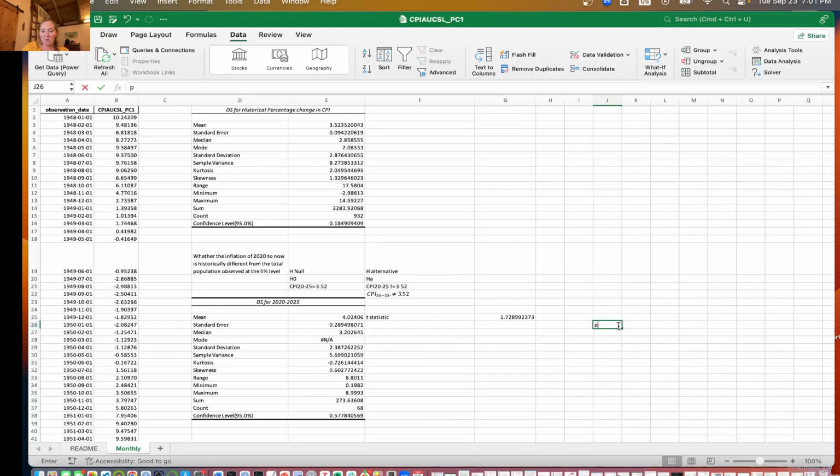If you remember the p-value, we talked about this in class, with the 10% level being okay, the 5% level being pretty good, and the 1% level being statistically significant.